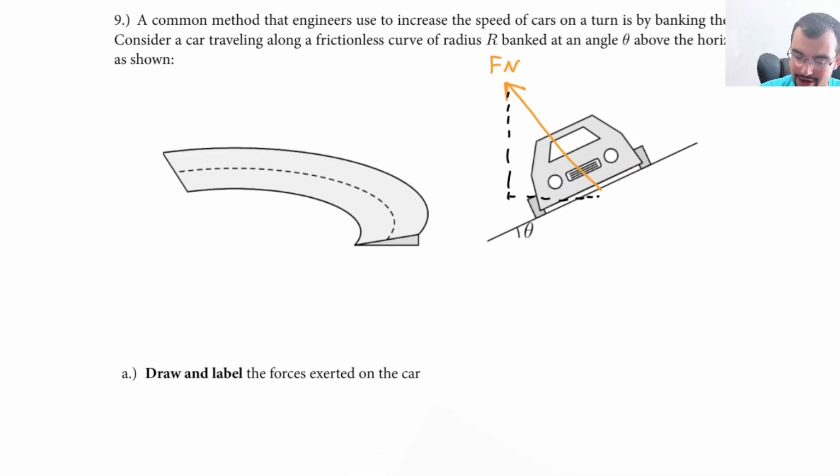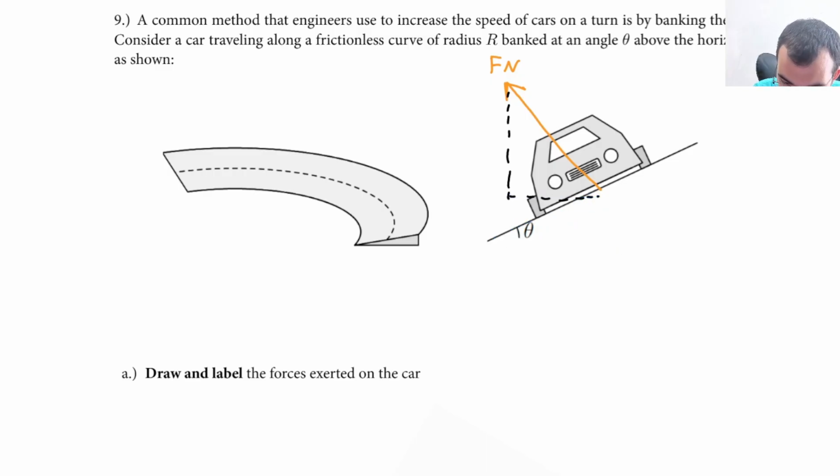If we did some angle tracing here, I'll use my alternate interior trick, where if you draw a Z shape, the angles in the Z's are going to be the same. So this angle theta can go right here, which means that this angle right here is 90 minus theta, the complement of theta.